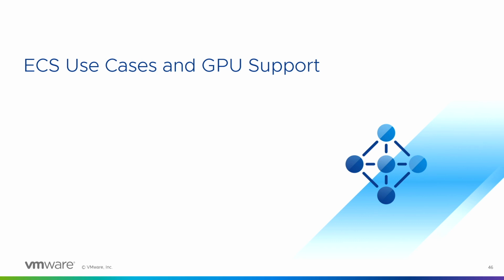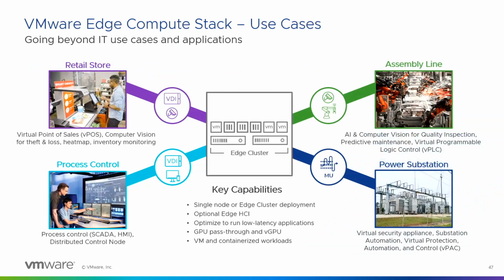Even though edge is small, it doesn't mean all the complexities that you run into in the data center completely go away. You have networking, you have storage, you have compute, you have security, all in one little box. I think this will be a theme you'll see in some of the edge sessions for the rest of the week.